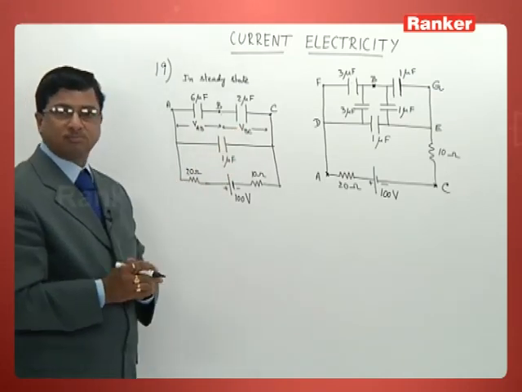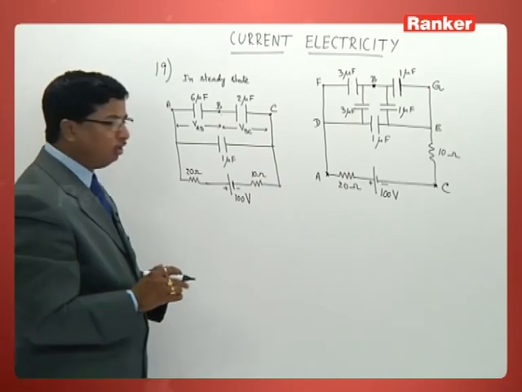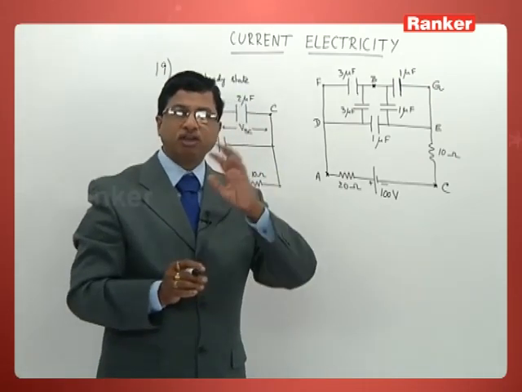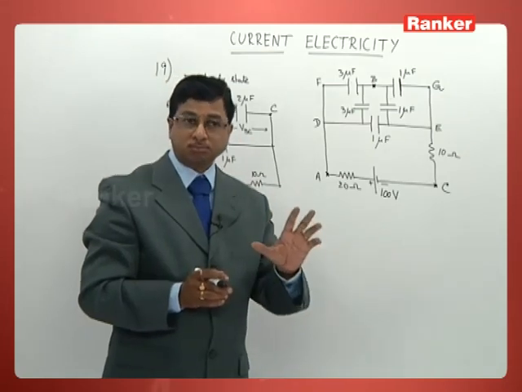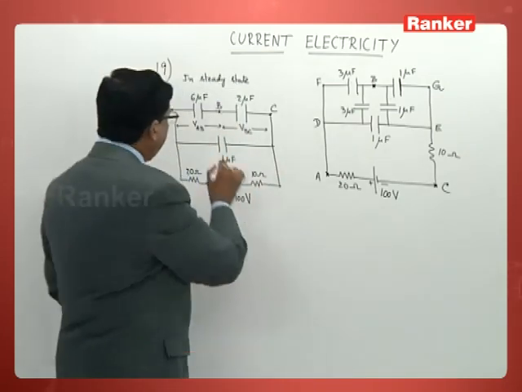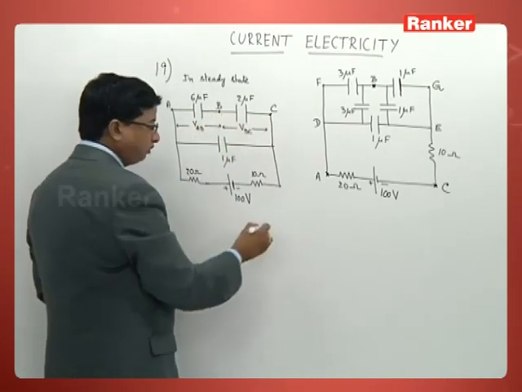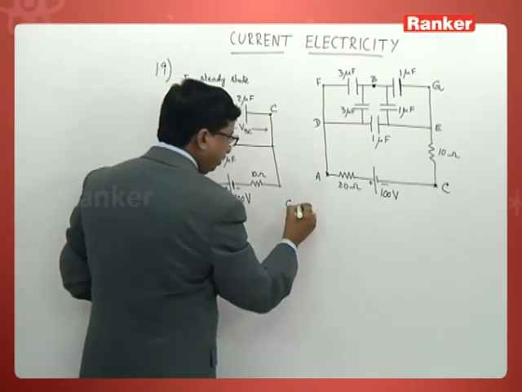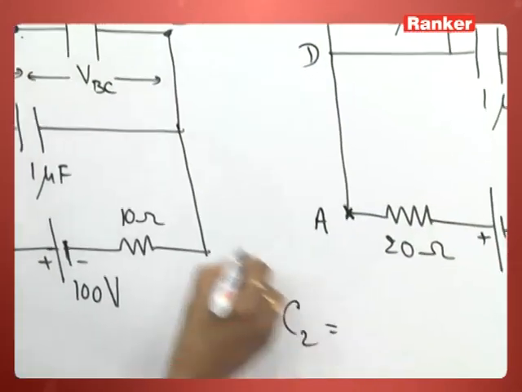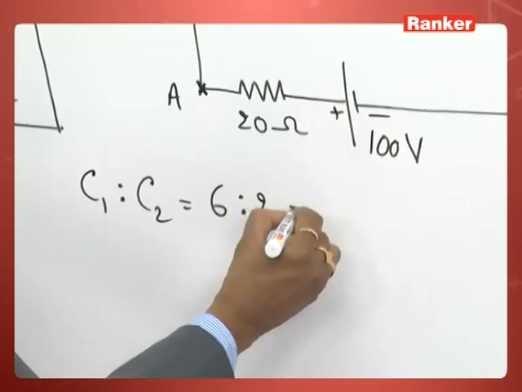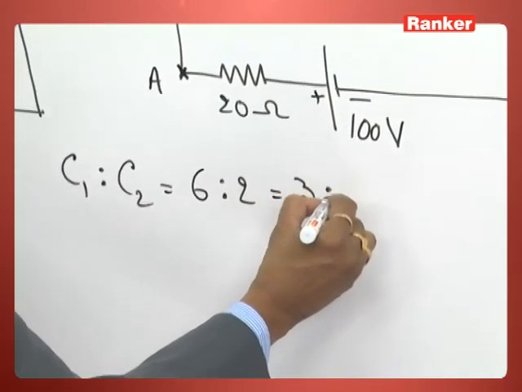One step answer. In fact, you need not put anything on the paper also. By look you can finalize. How come? Just look. I take the ratio of these 2 capacitors, C1 is to C2. It is 6 is to 2, that must be 3 is to 1.